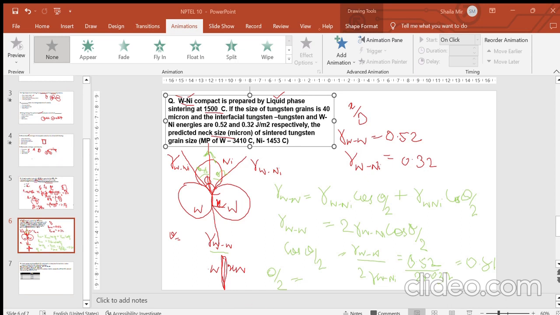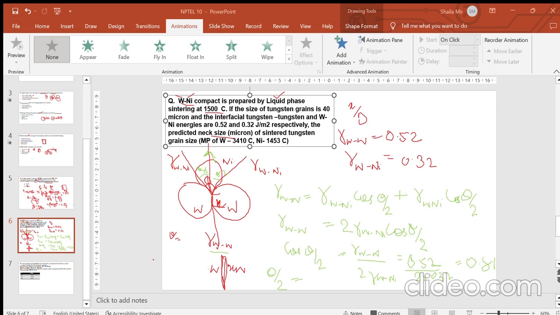But you have to calculate this x by d. So how will you calculate x by d? Your x is this. Because I told you, this is the diameter of this circle. This is the circle that is being formed at the interface of your tungsten, and it has some diameter x.